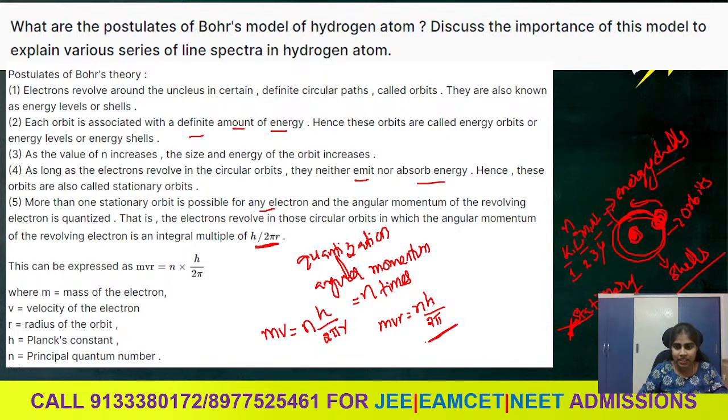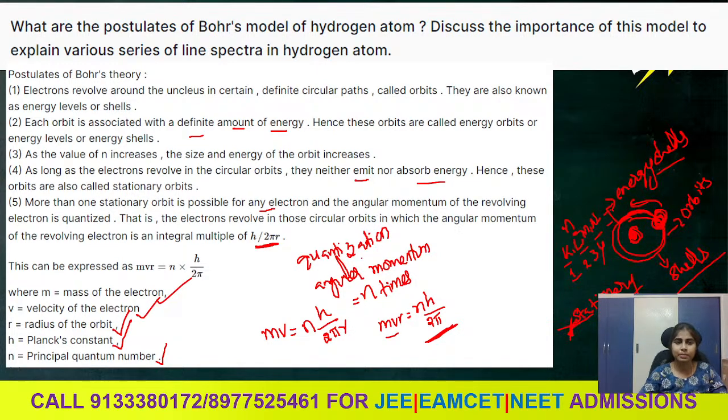Until here is Bohr's model of hydrogen atom, Bohr's theory. Expand all these terms, where m is the mass of the electron, v is the velocity of the electron, r is the radius of the orbit in which it is rotating, h is Planck's constant, and n is the principal quantum number, meaning in which orbit it is rotating. So this is the first part of the question.